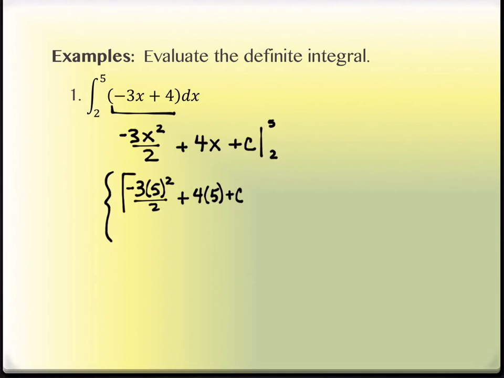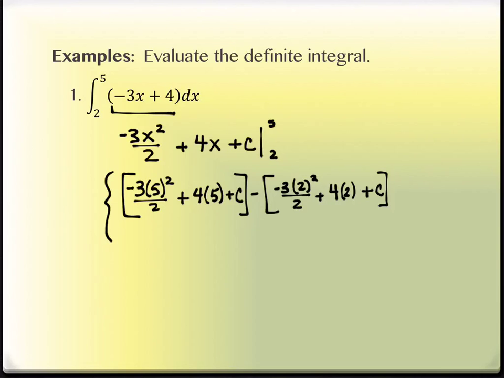So this is everything with the 5 plugged in. Now we're going to plug in the 2. That's really, truly what the Fundamental Theorem of Calculus tells us to do.